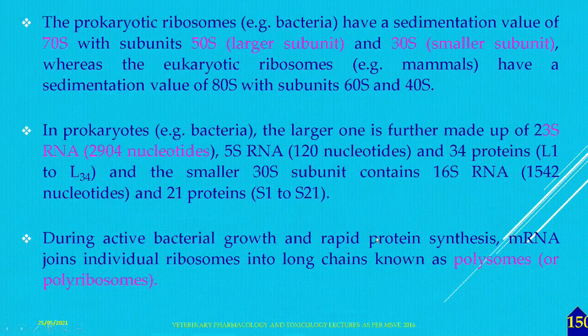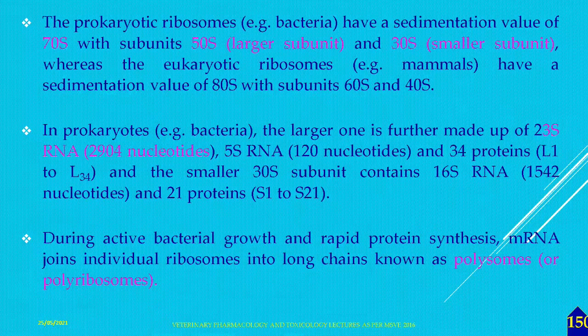So what we have learned is the process of cell wall synthesis in the case of gram-positive bacteria, whereas the prokaryotic ribosomes have a sedimentation value of 70S and are made of 50S and 30S subunits.